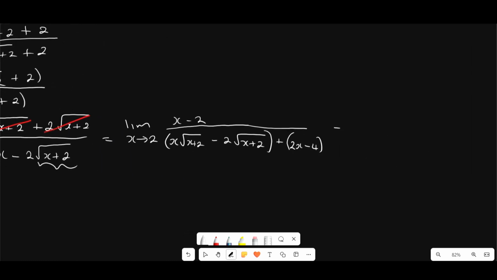Okay, so here it will be the limit as x approaches 2 of x minus 2. Here I can take out the common factor, so I could have a common factor outside, square root of x plus 2, then inside I have x, and then minus 2, right?